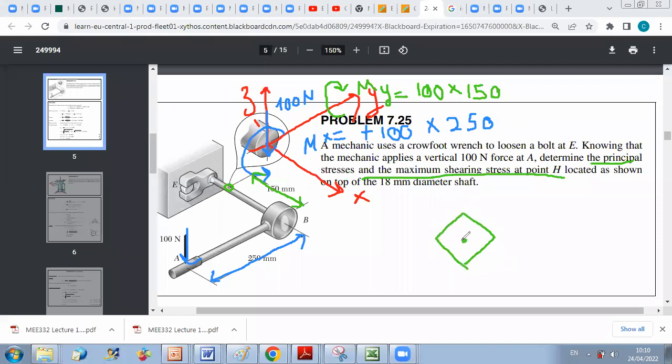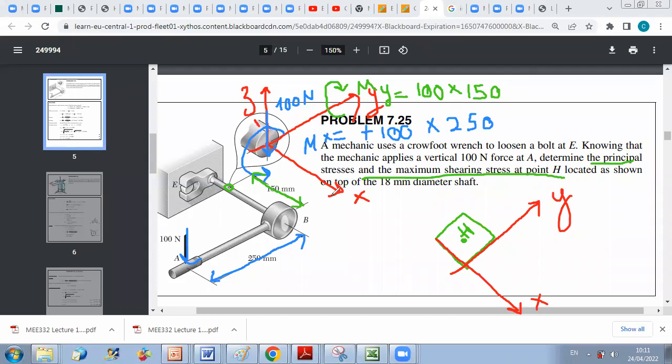We have point H. Point H is the center, if you want, of this element. This is the y direction. This is the x direction.